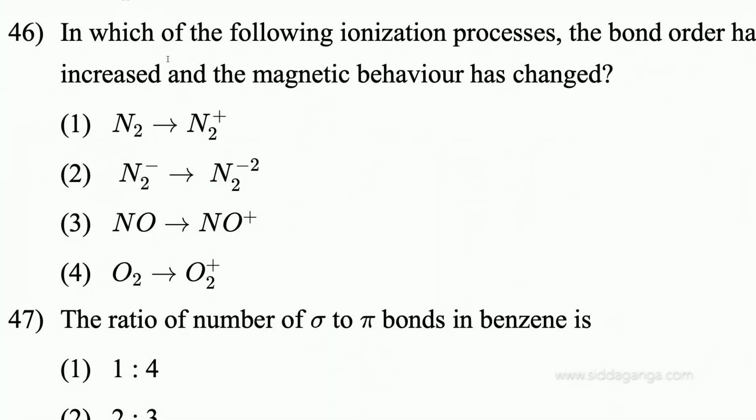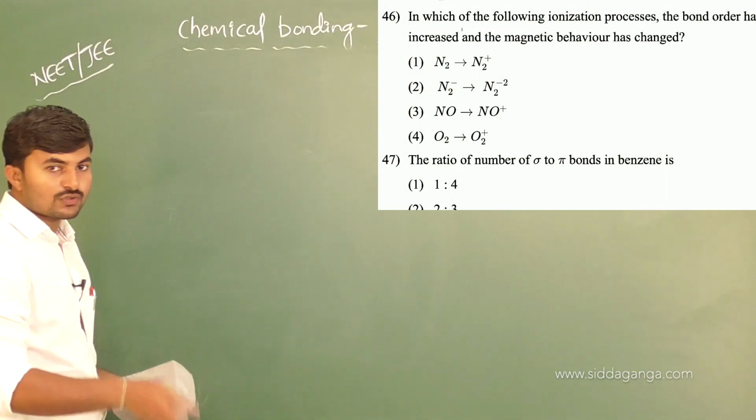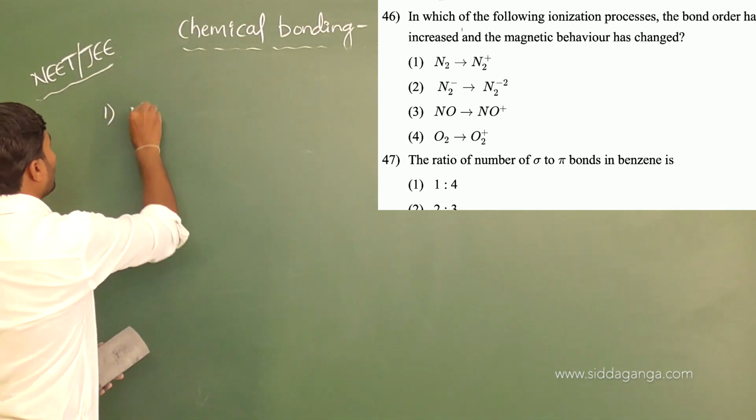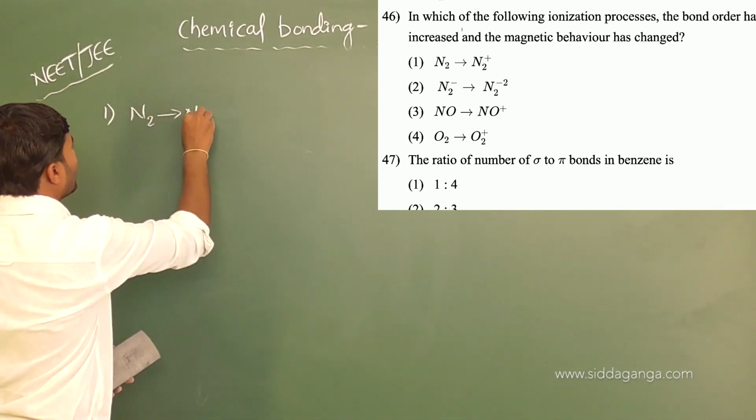Yes. In which of the following ionization processes the bond order has increased and the magnetic behavior has changed? Look, here they have given a set of compounds, N2, that is N2 plus.